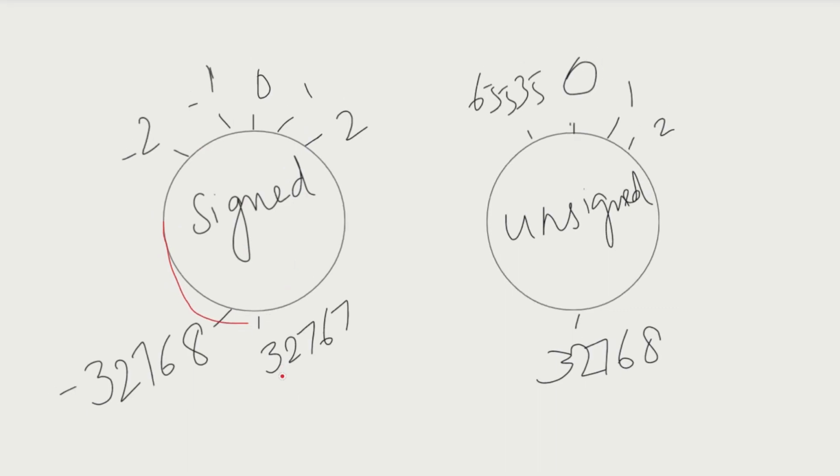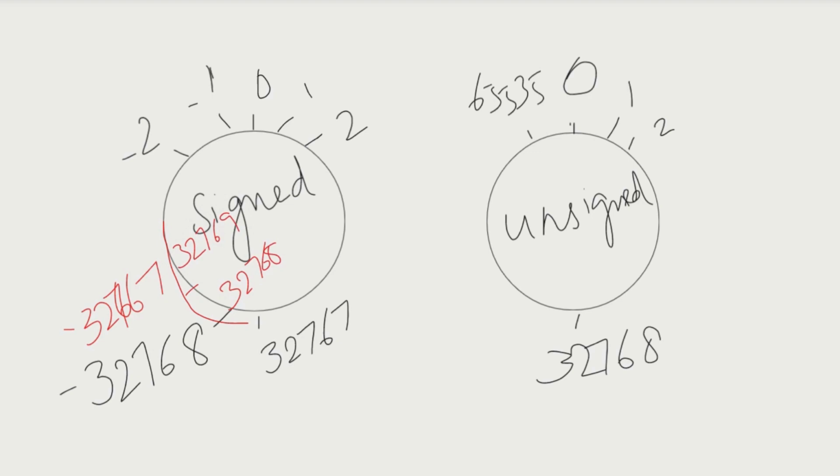Now suppose you want to store a value greater than 32767, that is 32769. So here you see 32768 minus, and here it will be minus 32767. So your positive value 32768 will be here and 32769 will be here.